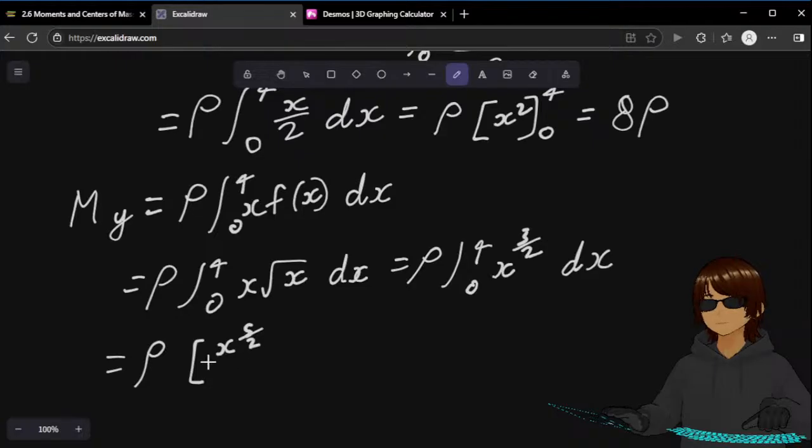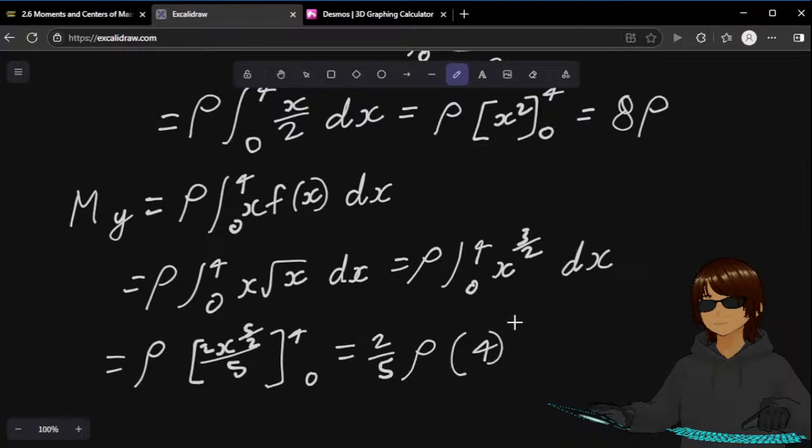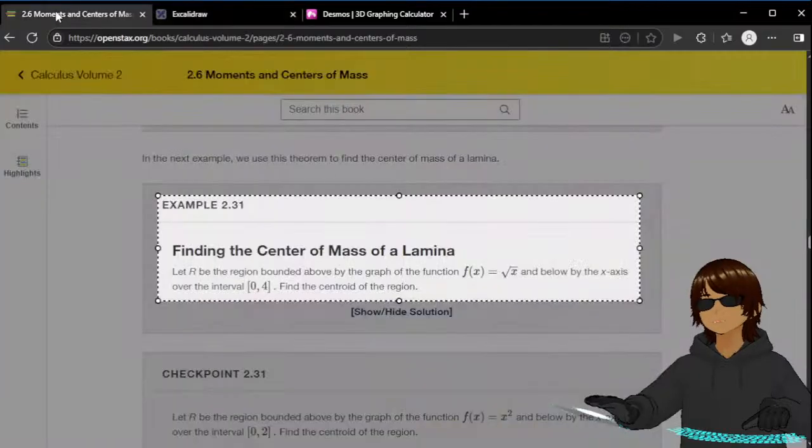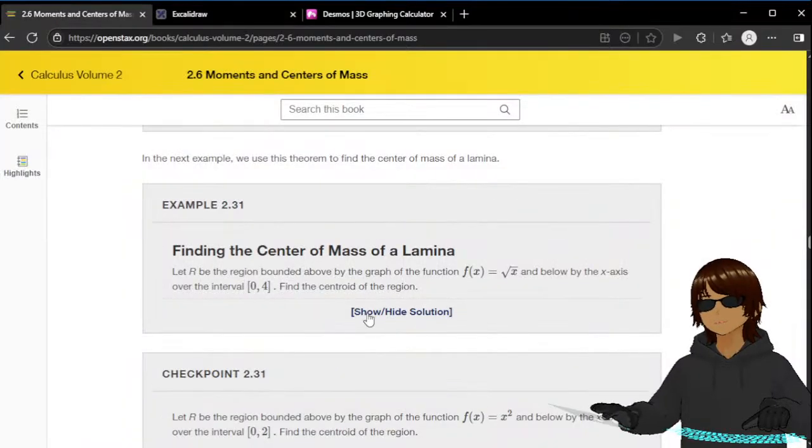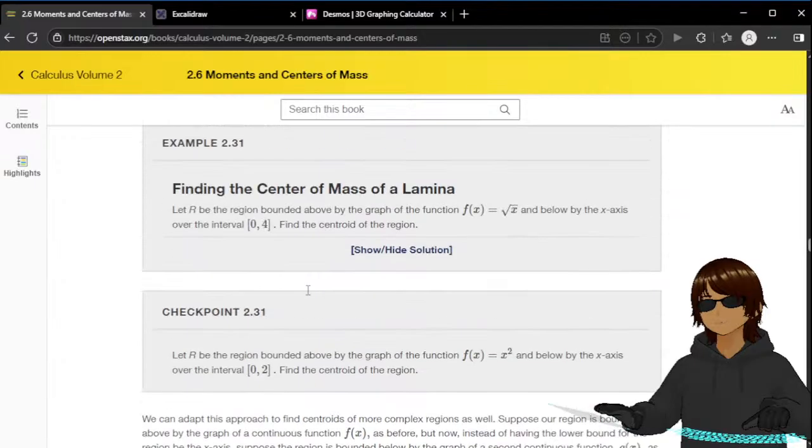5/2 divided by 5/2 by 2/5. 0 doesn't matter. 5/4, 5/2. But then what about the centroid of the region?